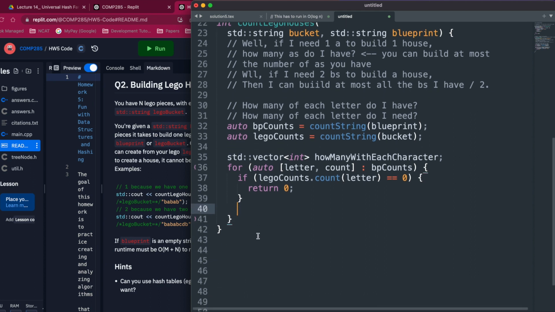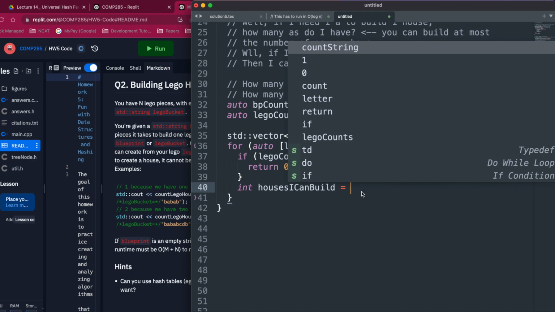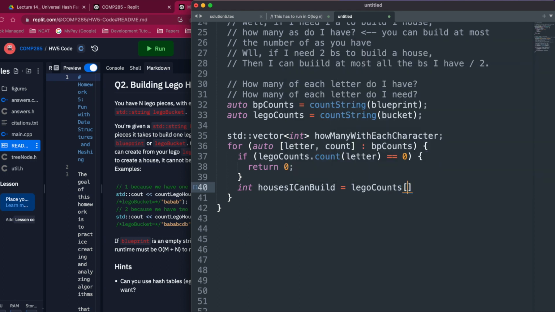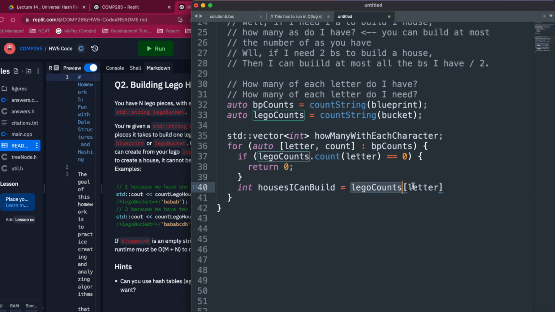Otherwise, we can check to see, well, how many do we have, right? So you can say houses I can build is given directly by Lego counts of letter. So basically, how many of this letter do I have in my bucket divided by the count it takes me to build one house.